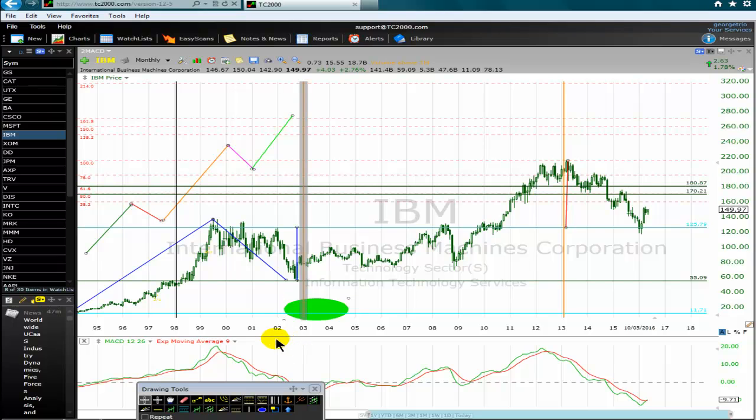I do it on purpose, so don't get upset. So the end of 2002 plus 10 years will be the end of 2012. Here is the beginning of 2012 where my cursor is, and this is the end of 2012 on my chart. Let's see what has happened within that 10-year period.